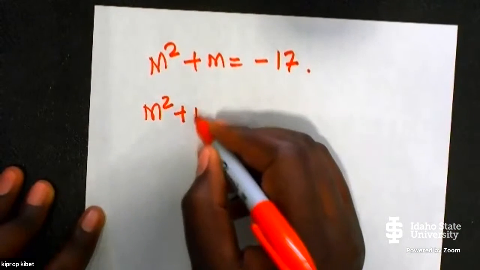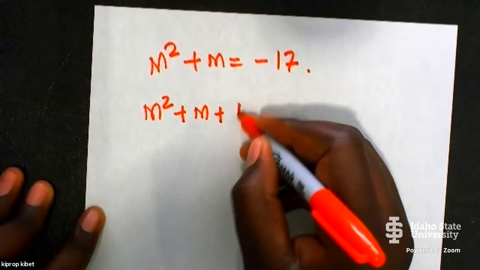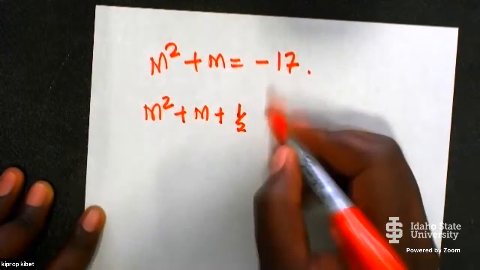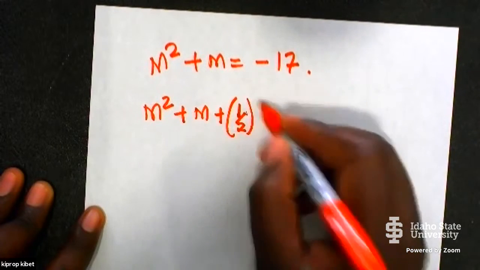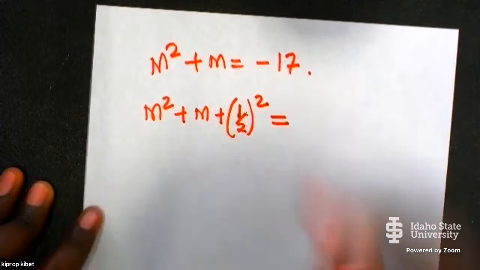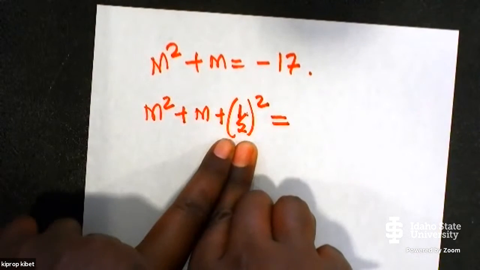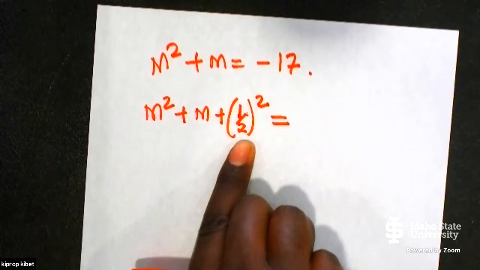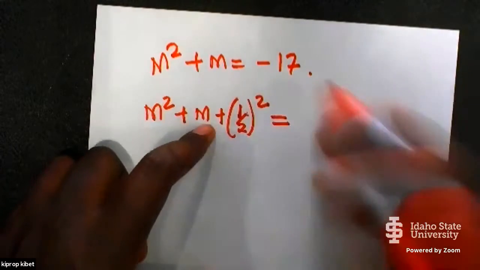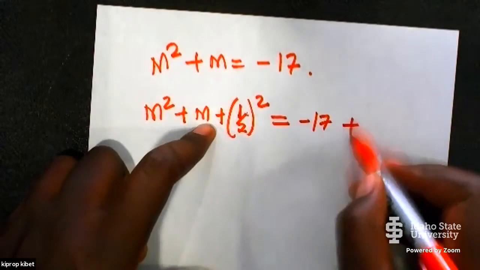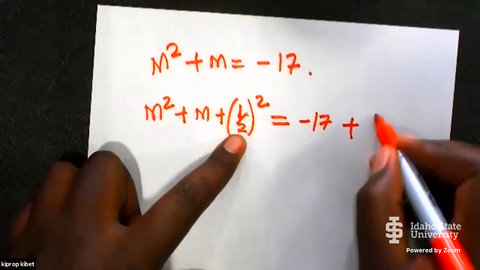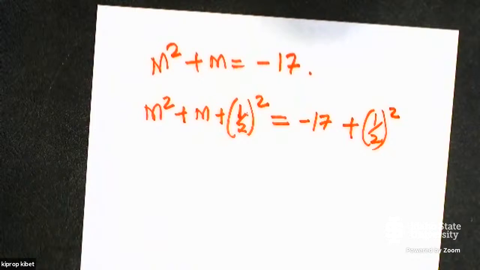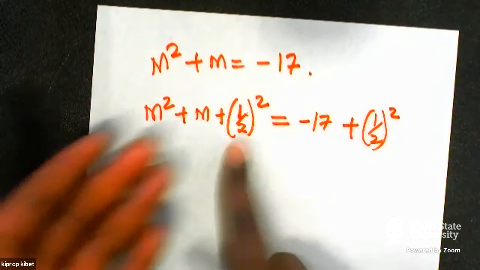So plus m plus 1 over 2, half of that coefficient of m, which is 1, and then you square, equals what you've done here. What you do on this side, you do on the other side, equals this constant, which is minus 17, plus this 1 over 2 squared.